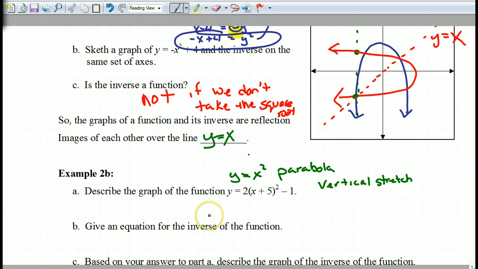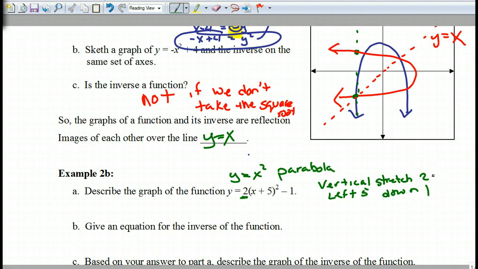It's right here. It's 2. Okay, what is the translation of it? Left 5, down 1. Good.